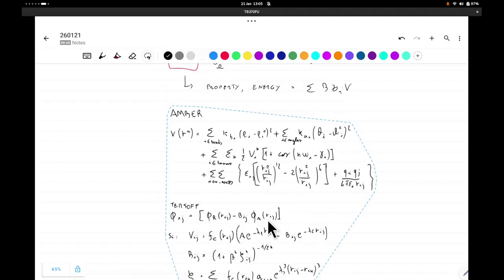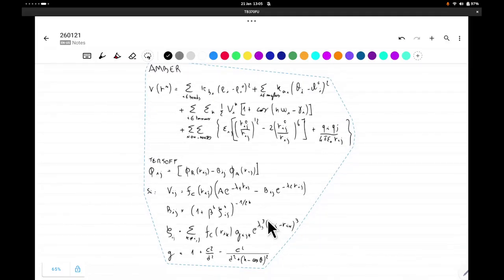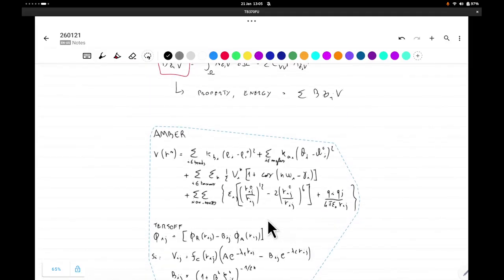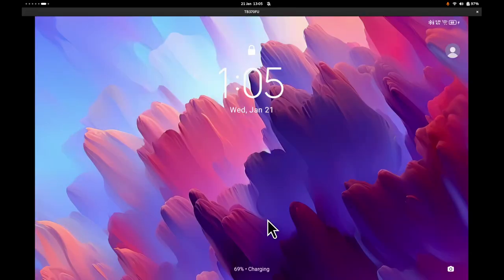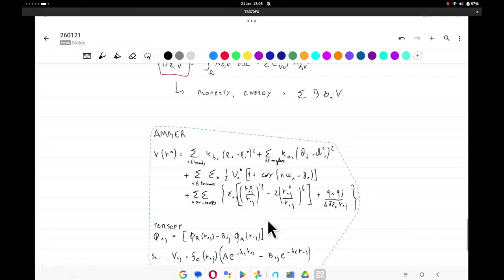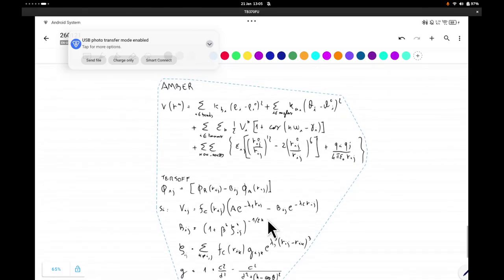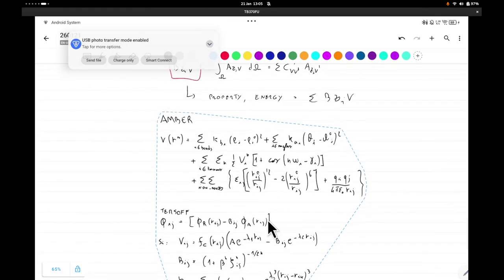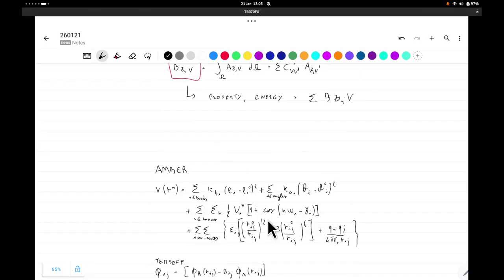Okay. So what about potentials? Sometimes it's just a bit better. Okay. Potentials.